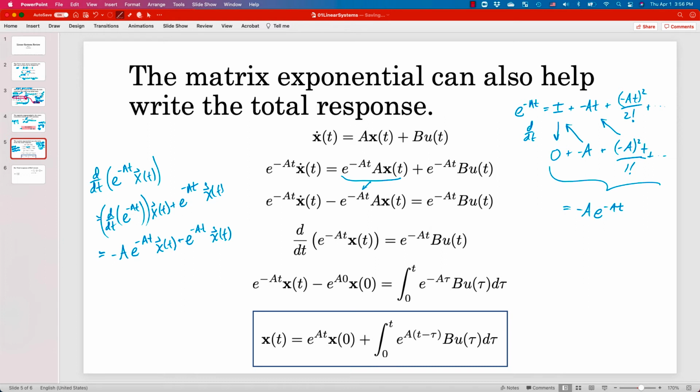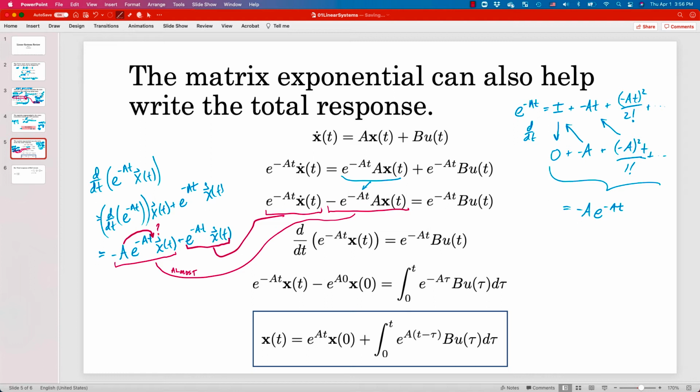Why is that important? Well, we can match terms now. So this appears here, and minus e to the minus At times A times x almost looks like this, doesn't it? Almost. The problem is that the A is in the wrong place.